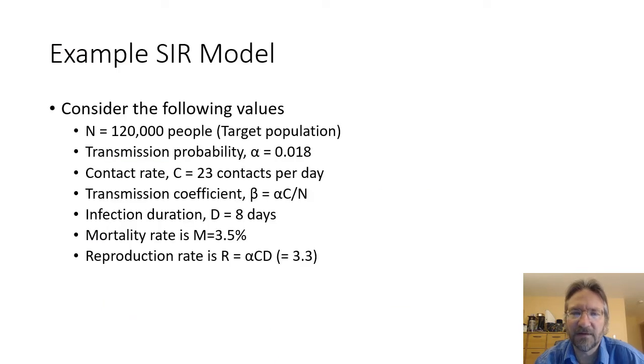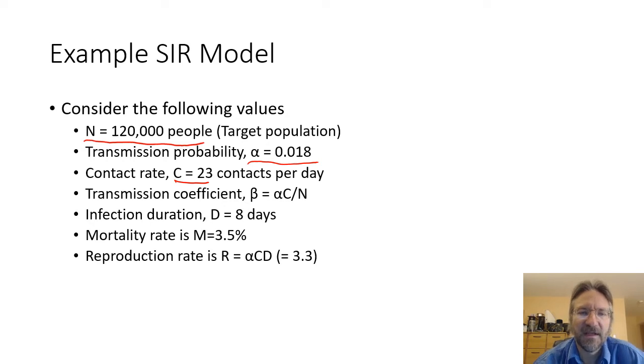So let's look at applying this model to an example, and I'm going to take a target population of size N equals 120,000. I'm going to define a transmission probability as alpha equals 0.018, and a contact rate, which is simply how many contacts an infected person has per day with susceptible people.